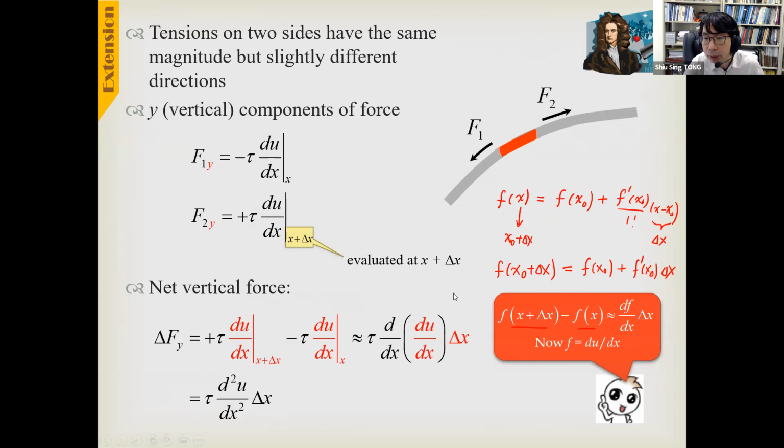Okay, now so that's why we can write this difference as a derivative of the function f, df dx. So I differentiate the du dx once more. Now my du dx is f, right? So I differentiate once more, multiply by this delta x. Now, so when I differentiate this once more, it becomes the second derivative. Is that right? So it becomes tau, the second derivative of u multiplied by delta x. And that is the net force acting on the part of the string.